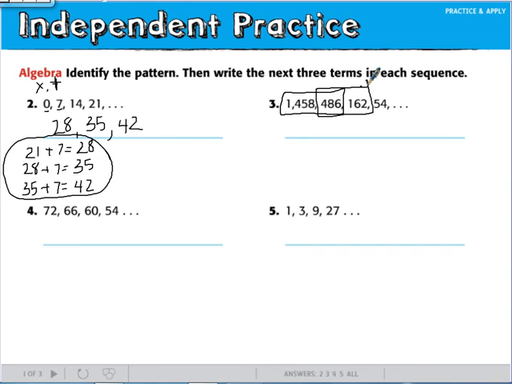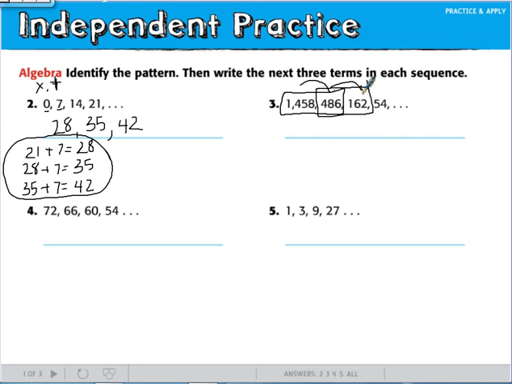So 1,458 minus, or subtract, sorry, 486. How far apart are they? It's not subtraction because the distance from here to here is different than the distance from here to here. So it has to be division.